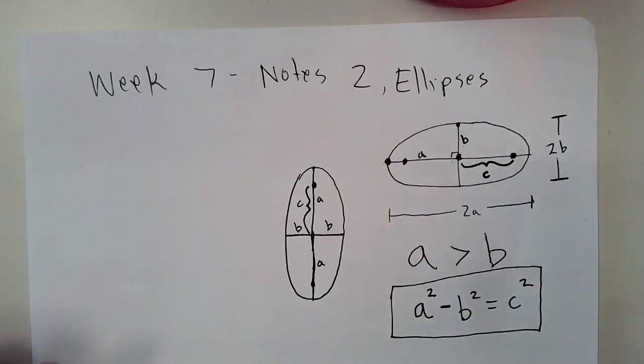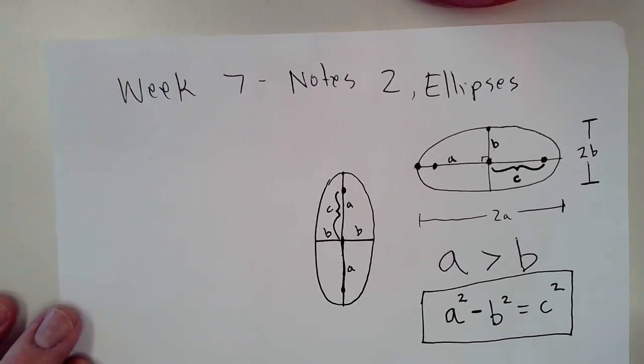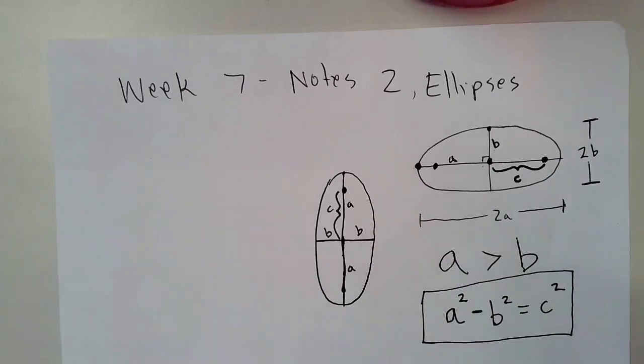You can also have an ellipse that's rotated, and then we're getting into trigonometry and stuff, which we don't need to know yet. But the basic equation for an ellipse is very similar to a circle. If you remember the circle, it was basically x minus h squared plus y minus k squared equals the radius squared.